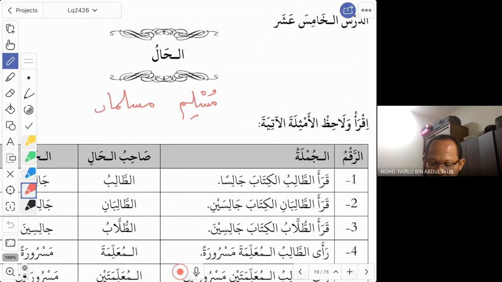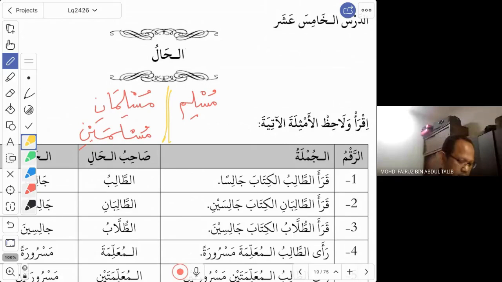And another version is Muslimaini. This is true for all musanna.